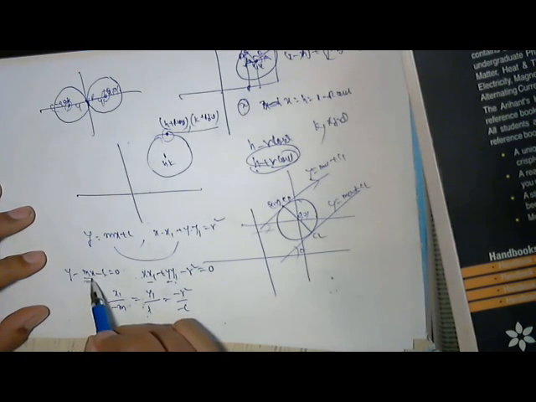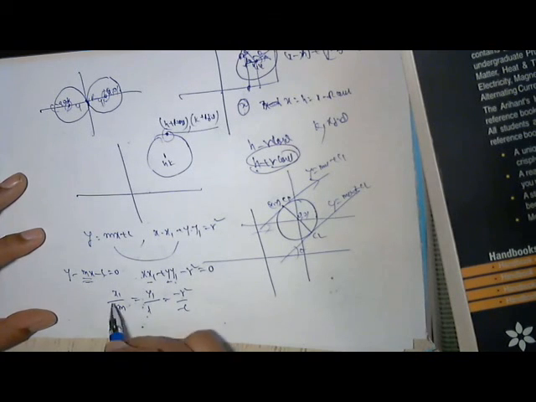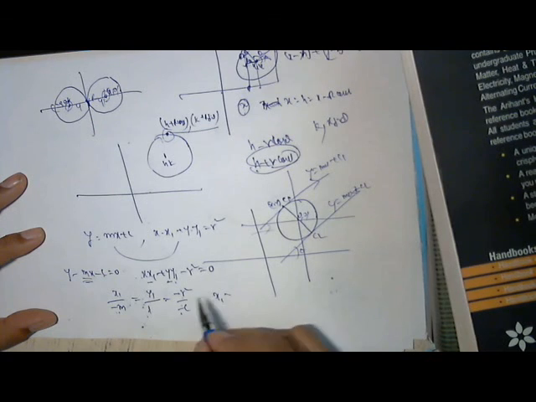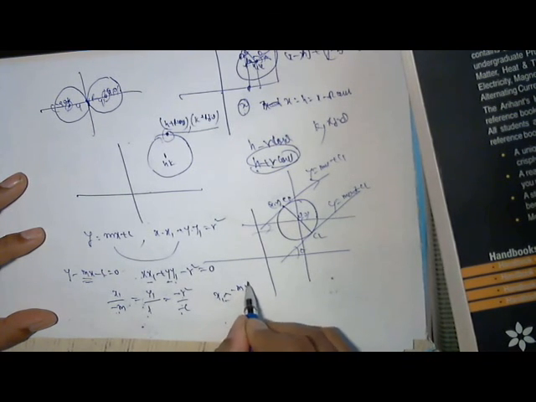So from which what we are getting, x1 is minus m r square by c square, y1 is r square by c square. So x1, y1 we got. x1 square plus y1 square is equal to r square.